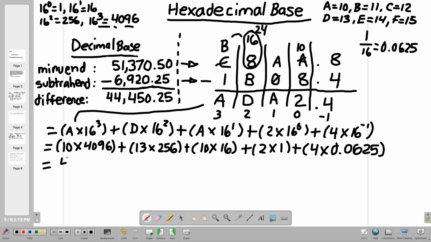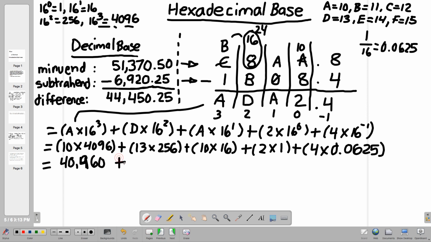All right, so let's add up. Let's see. So this is the value, let me multiply that. 4,096 times 10, so that's 40,960. That goes there.